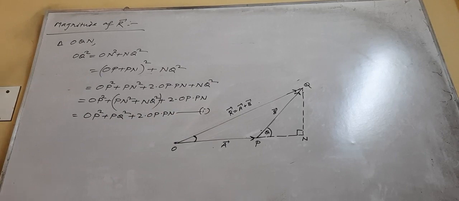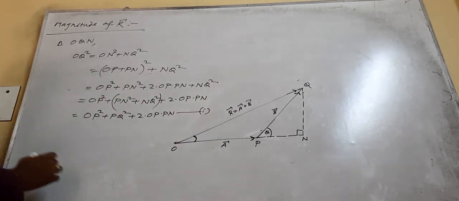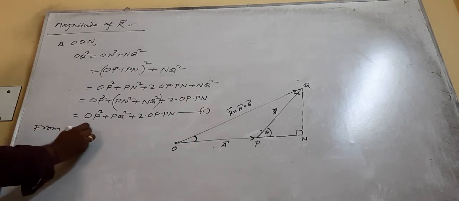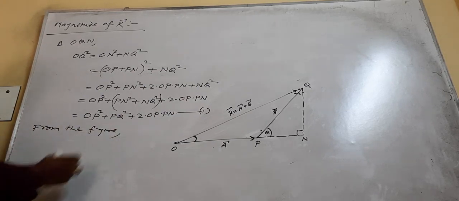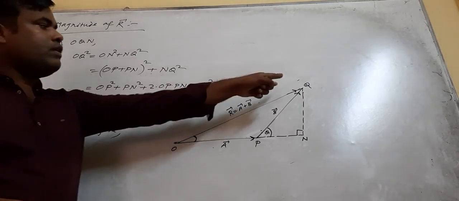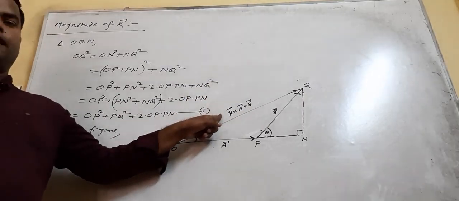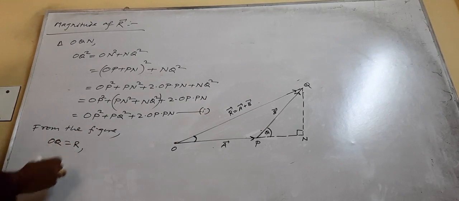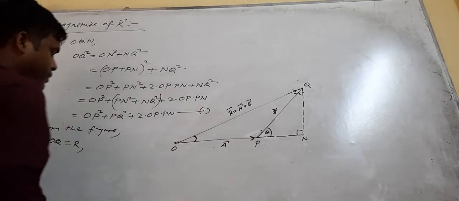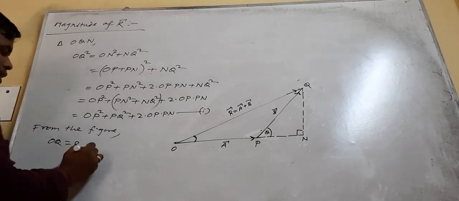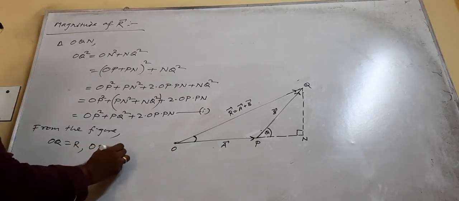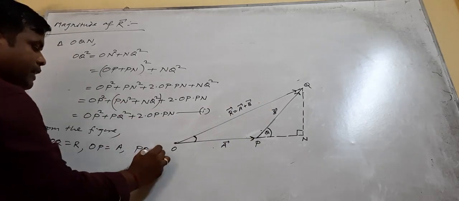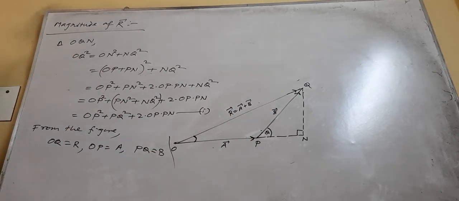So you see in this triangle from the figure, what gives the length OQ? That is resultant vector magnitude. What gives you the length OP? A vector magnitude. PQ, that is B vector magnitude.